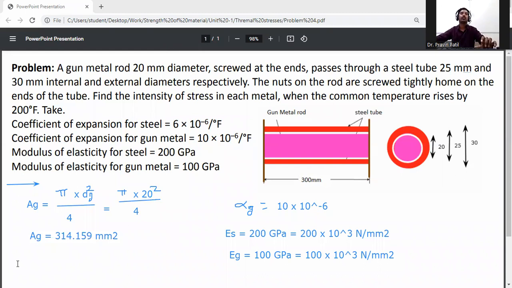Then the area of steel. Now the area of steel, As, since it is a hollow circular tube, is equal to pi into (capital Ds square minus small ds square) divided by 4.